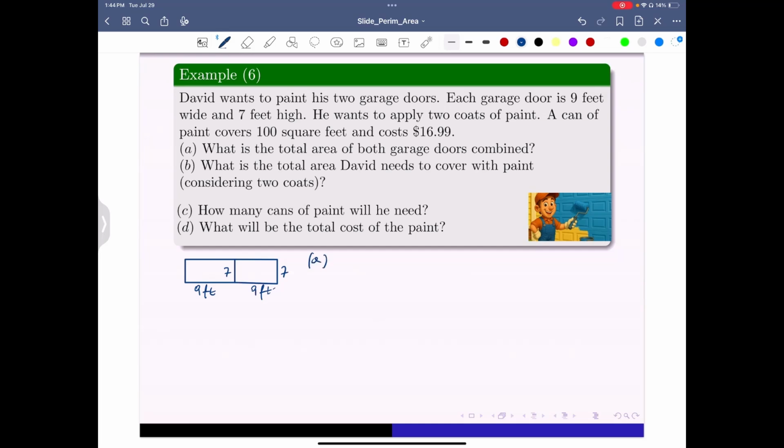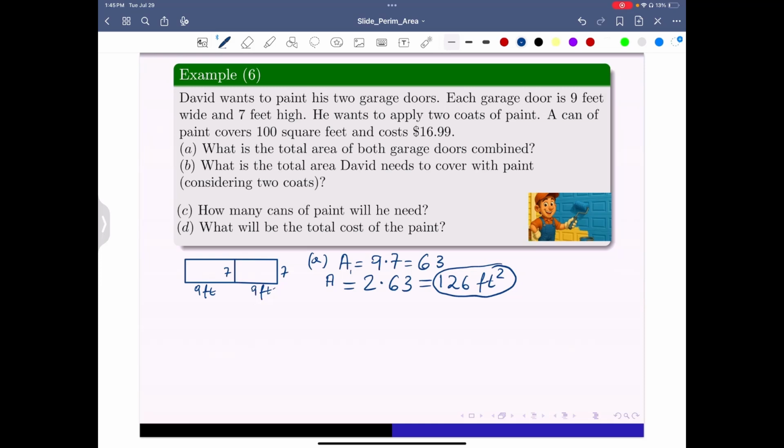So part A, the area of one door would be 9 times 7, which is 63, and for 2 doors, would be 2 times 63. So in that case, we're going to have 126 square feet. So this is my area that needs to be painted.